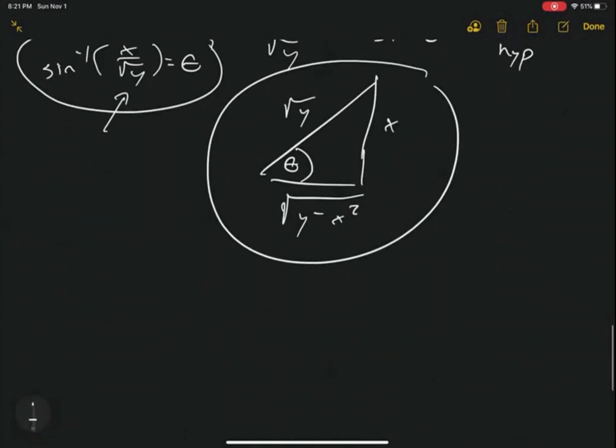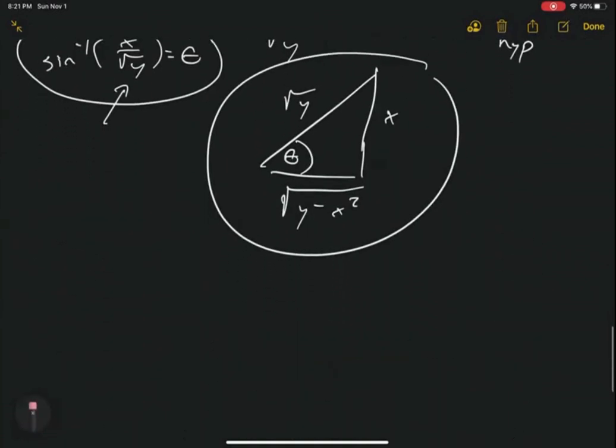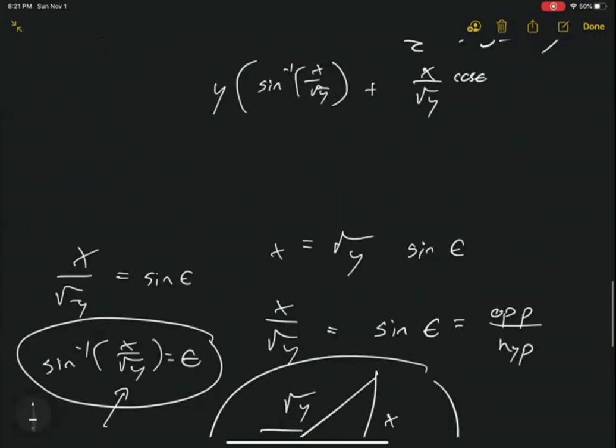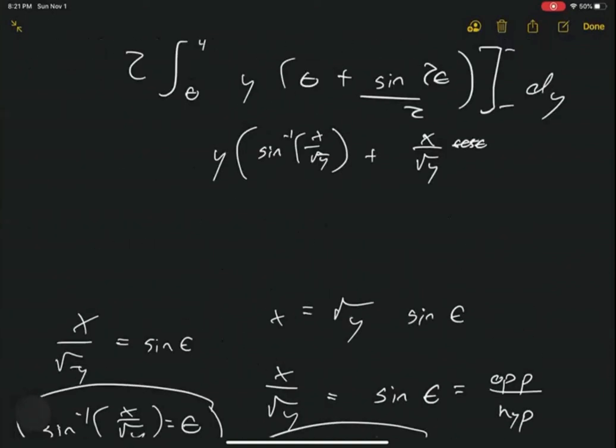Cosine theta is this over this. Now I have everything in terms of x and y again. I can use my original bounds.